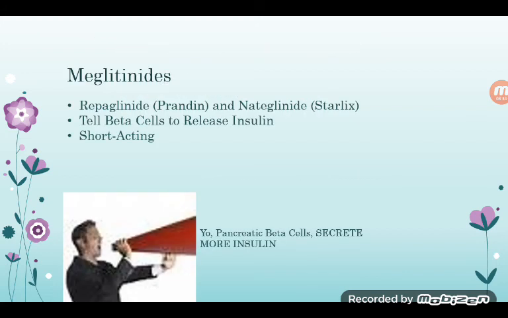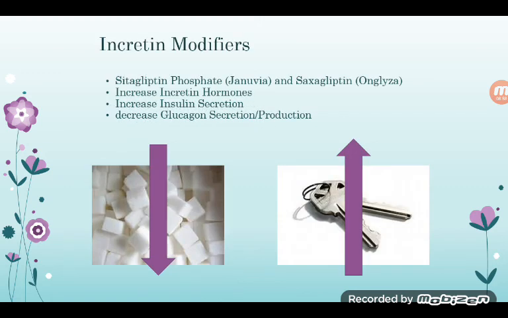There's a group called the meglitinides. Prandin and Starlix are in these two. It tells beta cells to release insulin. These are short-acting, though. Incretin modifiers include Januvia and Onglyza.